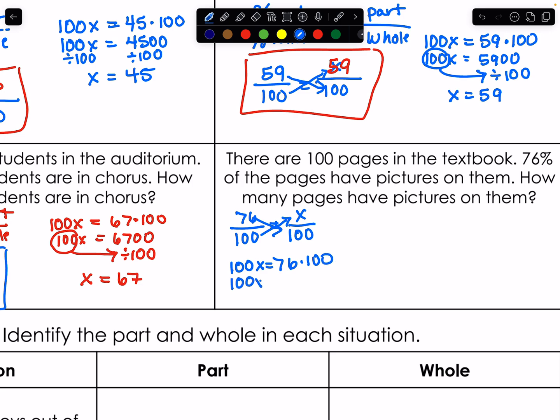We have 100x equals 7,600. And to solve, I have to divide by the 100. I'm using that inverse property. My final answer is x equals 76. I'm yet again going to show that we have equivalent ratios, equivalent fractions.